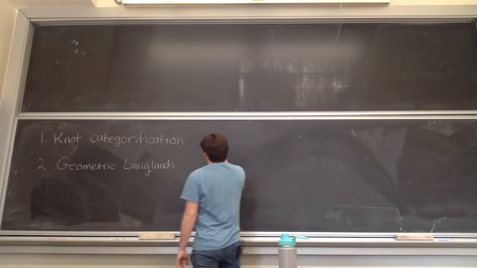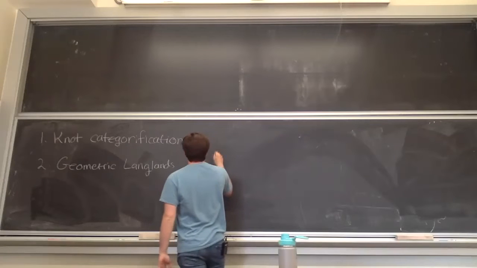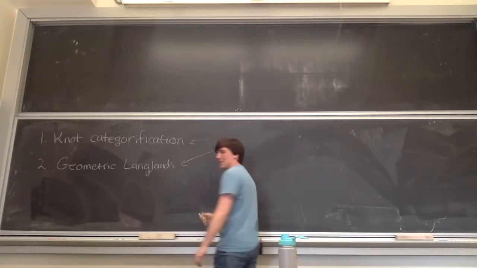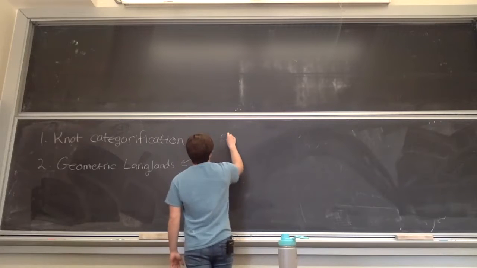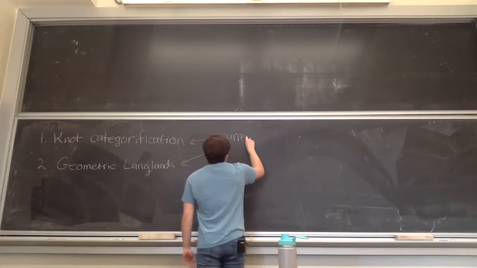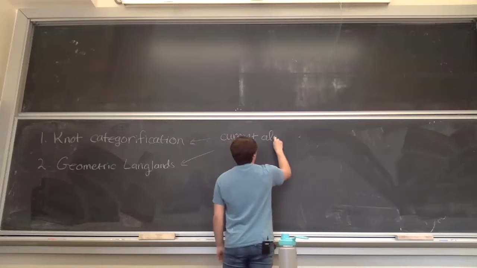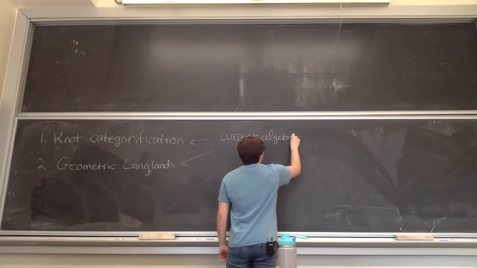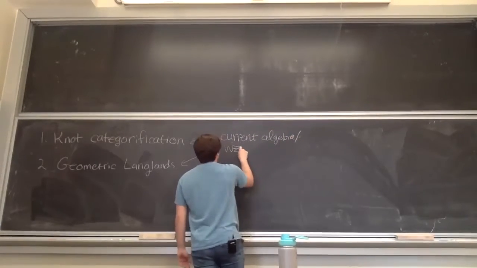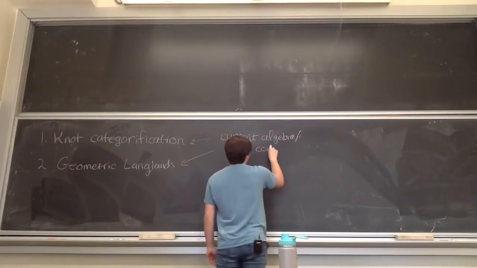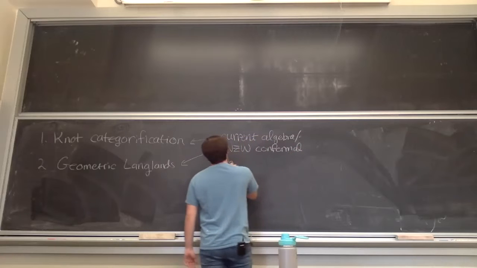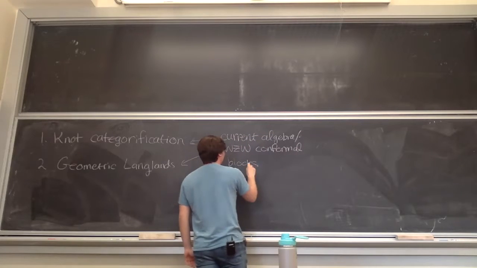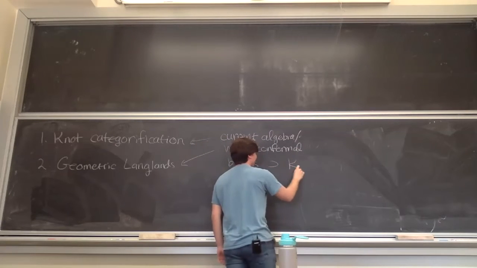If you're a physicist, you know that these two share a common character that appears, and this would be current algebra or WZW conformal blocks. A subset of these are things that solve the KZ equation.